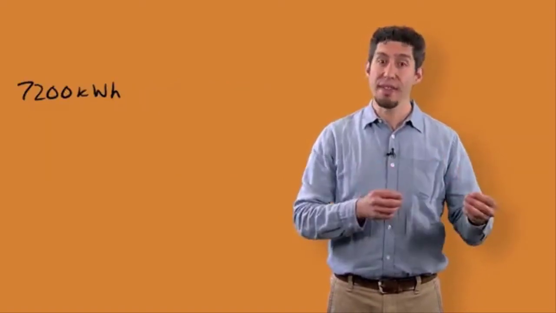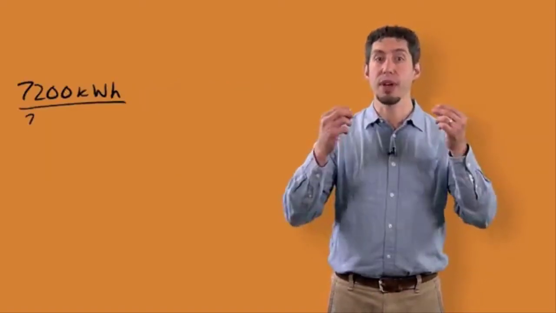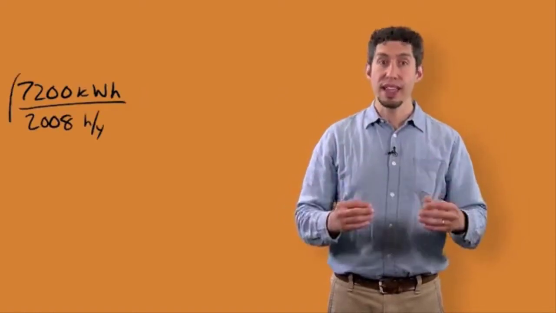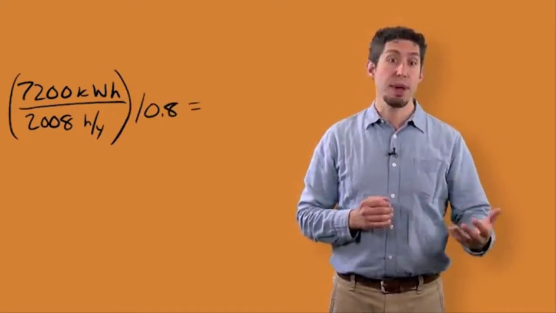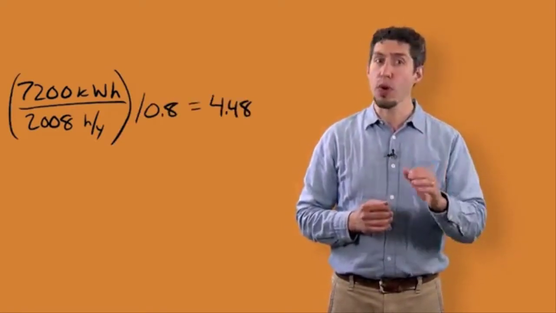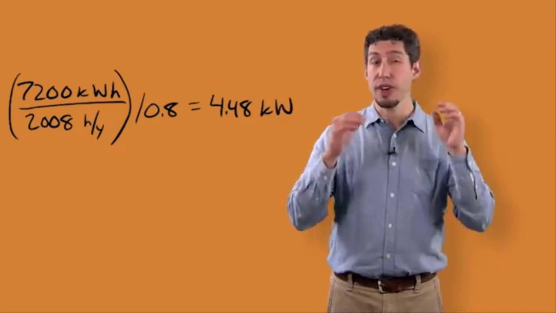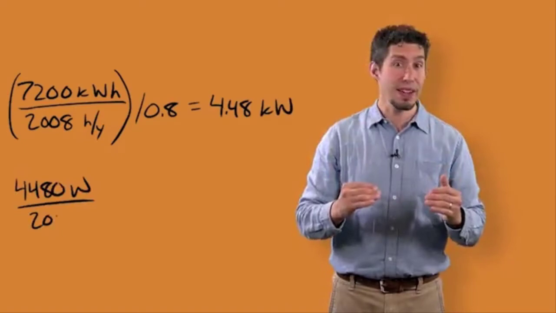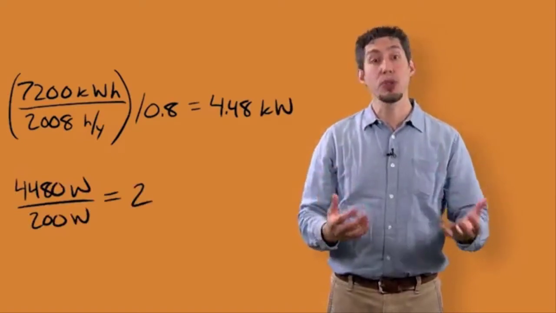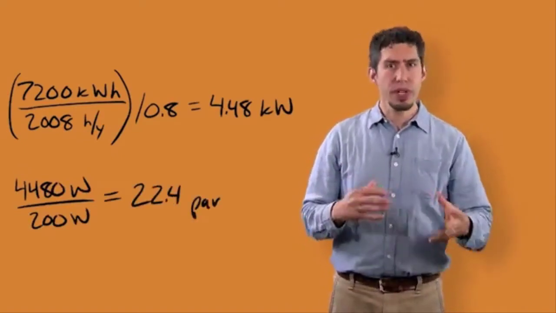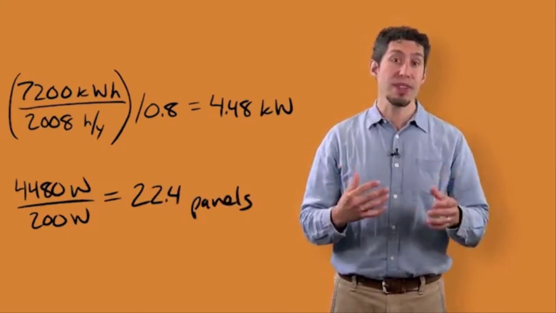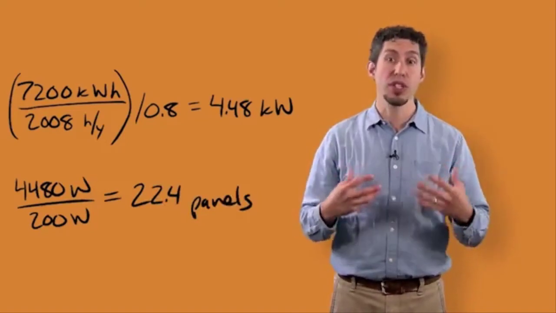So if we take that value and divide it by the same 2,008 full sun hours per year and the 80% efficiency, we come out to fewer panels and less power, only 4,480 watts. And if we divide that 4,480 watts by the 200 watts per panel, well, then we get only 22.4 panels. So if we were to connect about 22 panels together, we would get about 60% of our annual electricity load covered by photovoltaics.